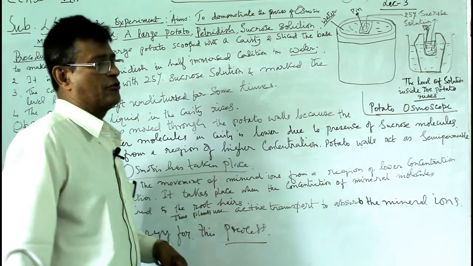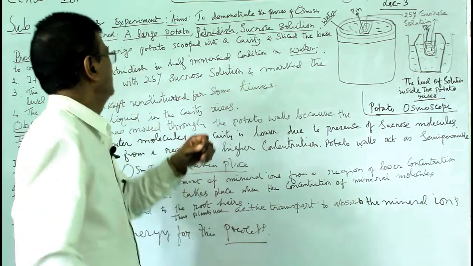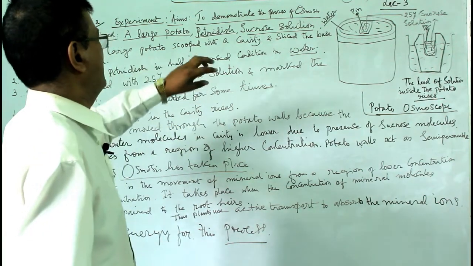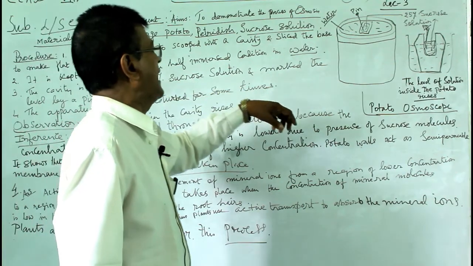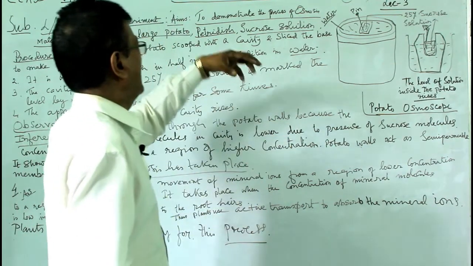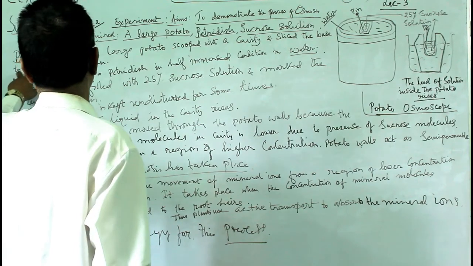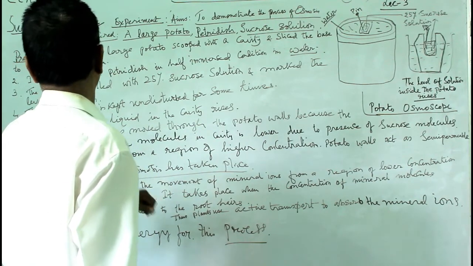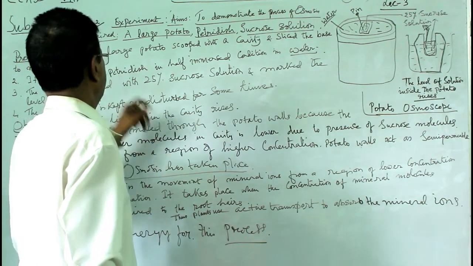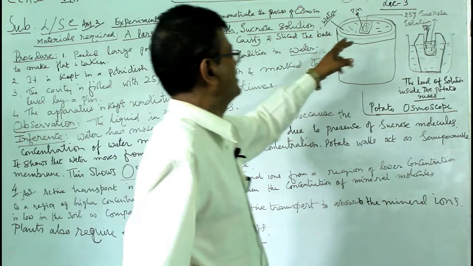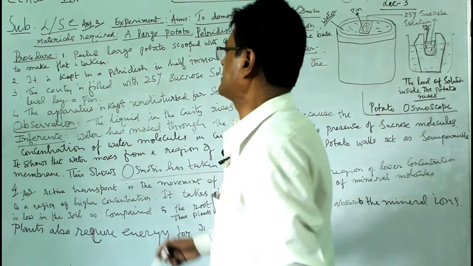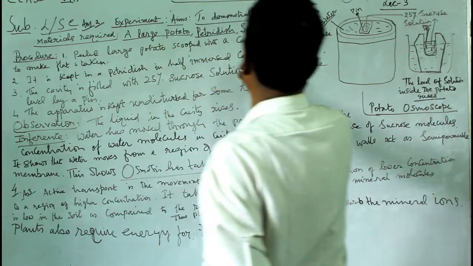Peel the large potato. The potato should be peeled nicely and scooped to make a cavity, and the base is sliced so that it comes flat. It is kept in a petri dish. This is a petri dish where it is kept. It is kept in a half immersed condition.